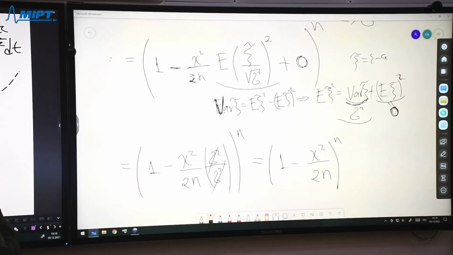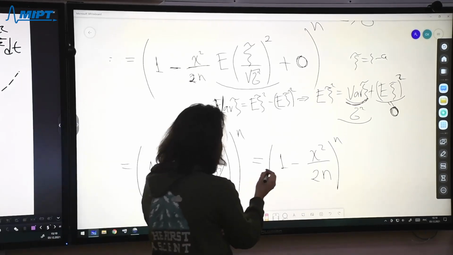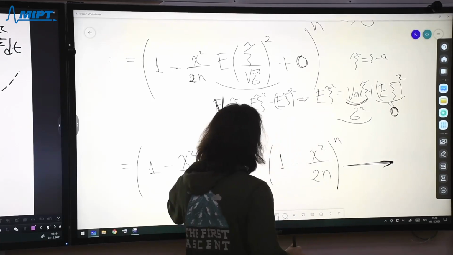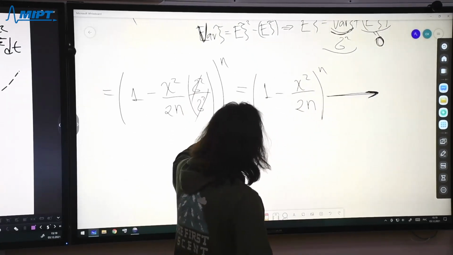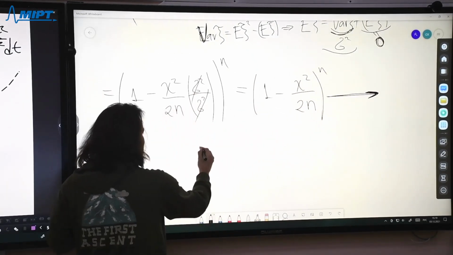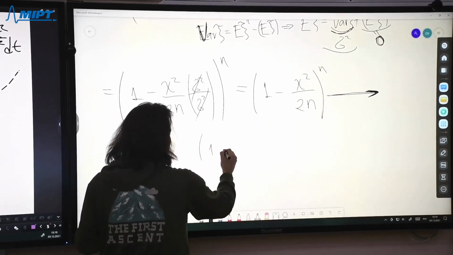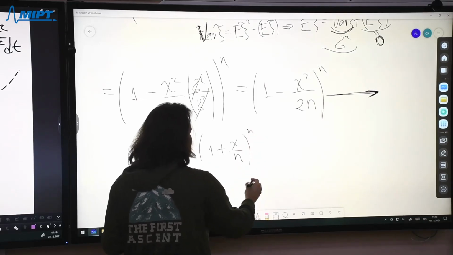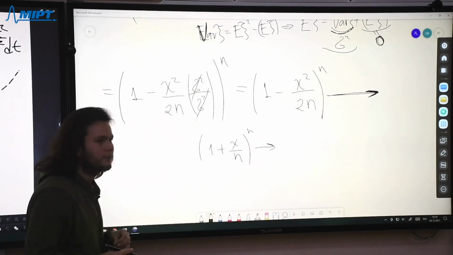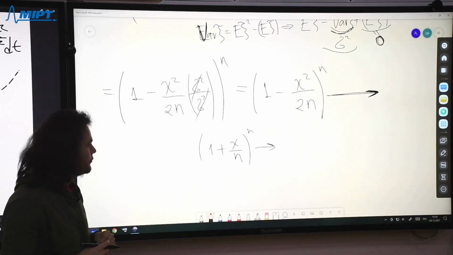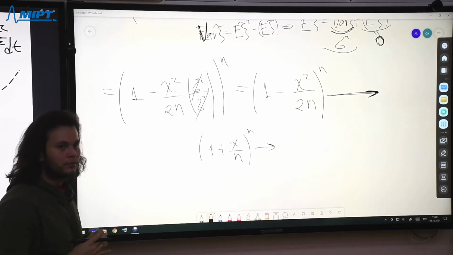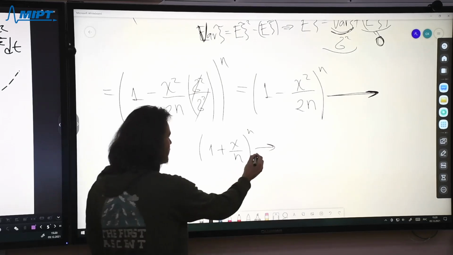And the question is, what is this? This tends to what? So we know that 1 plus x over n to the n, this tends to what? To 1? No. E to the x, right?